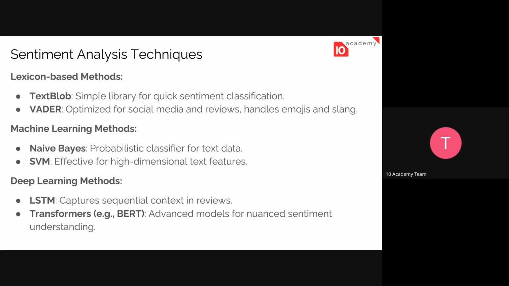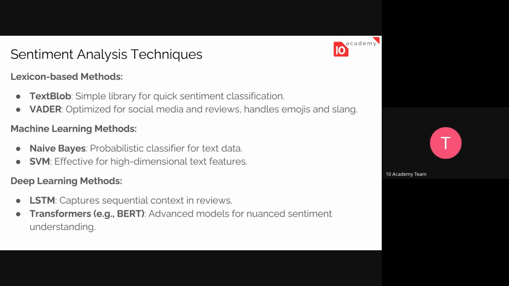Then we have the deep learning models. LSTMs look at text as a sequence, so they understand how meaning builds from one word to another, and transformers like BERT are even stronger.